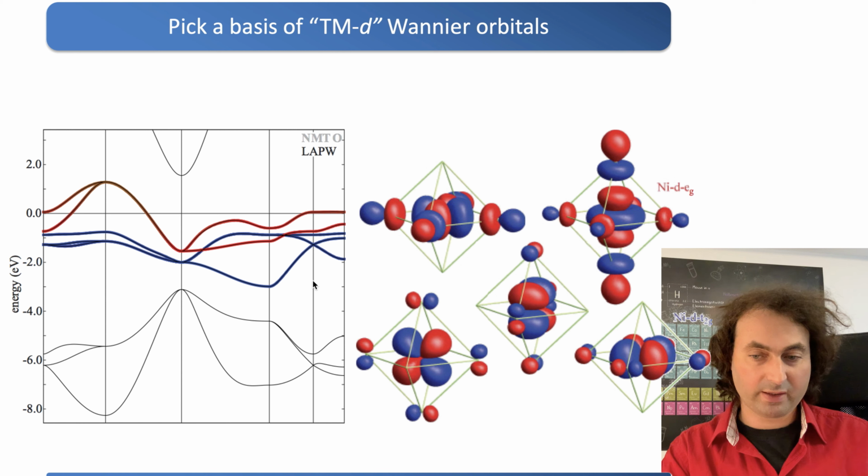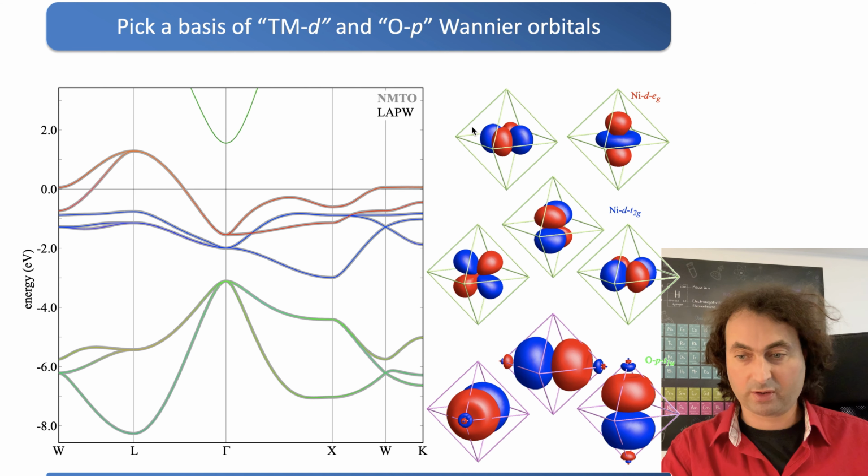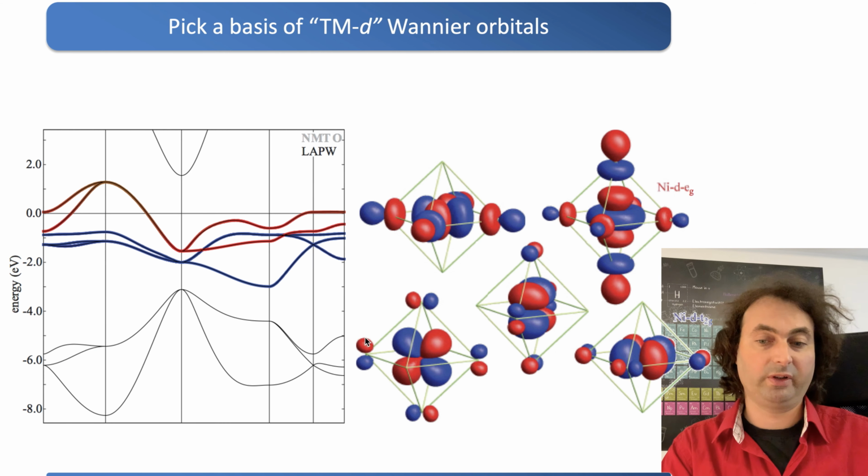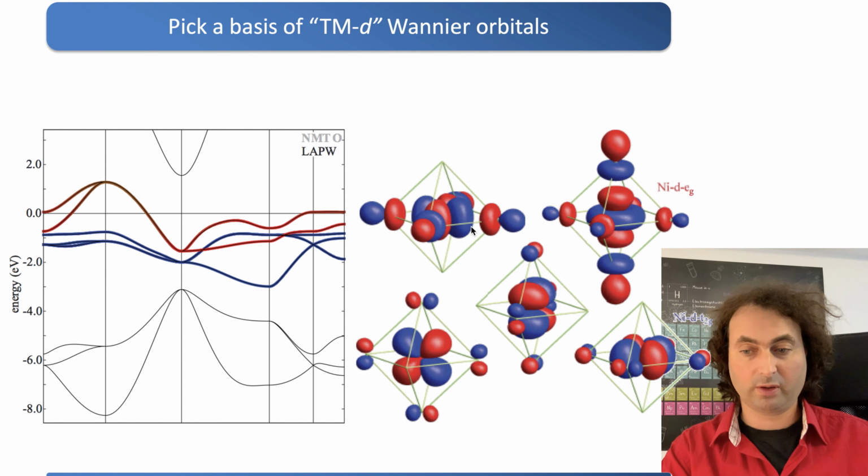Now you should realize that these orbitals are a result of the atomic d orbitals that we had before interacting with the p orbitals on the oxygen, and the top bands are the antibonding ones, the bottom bands are the bonding ones.